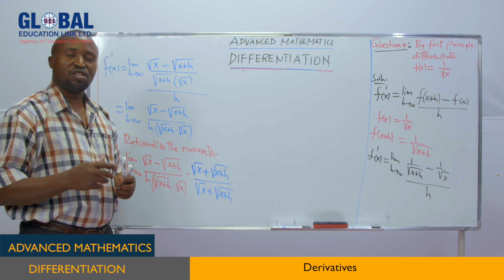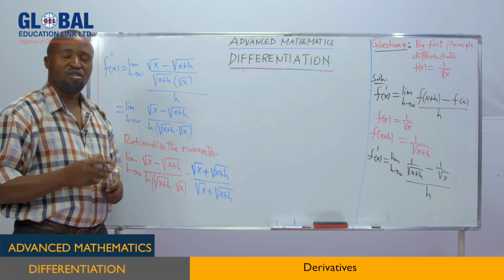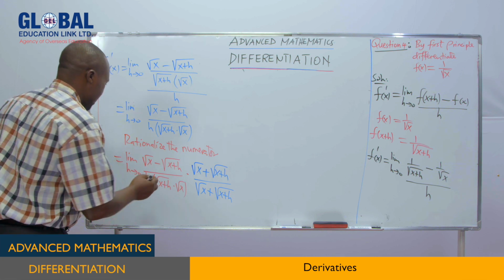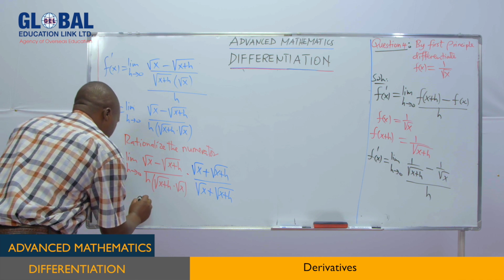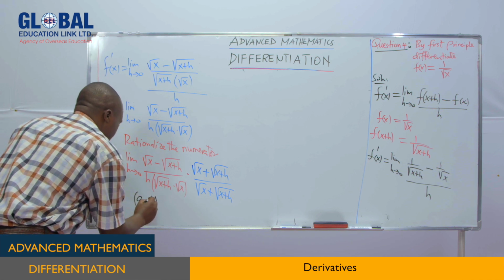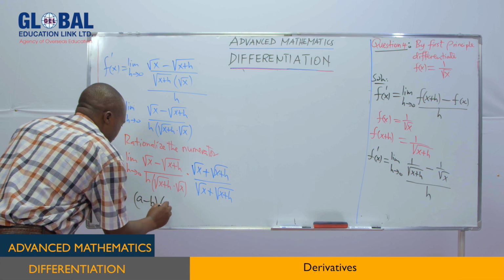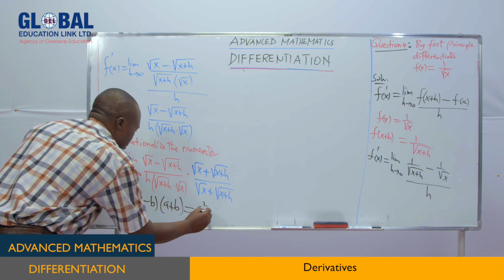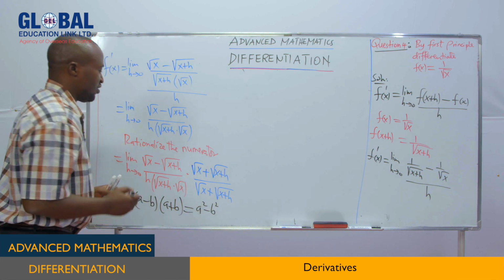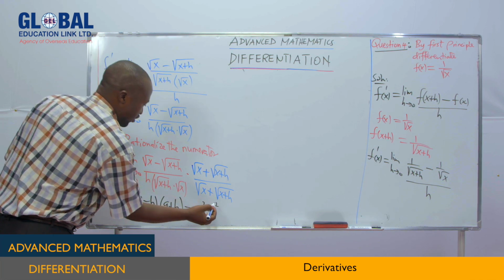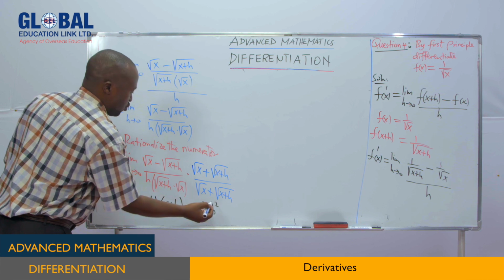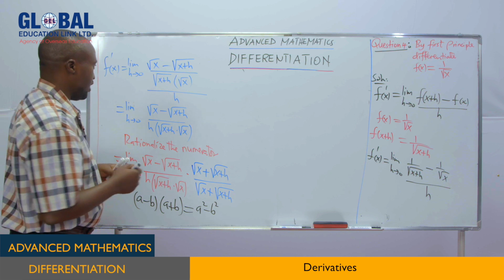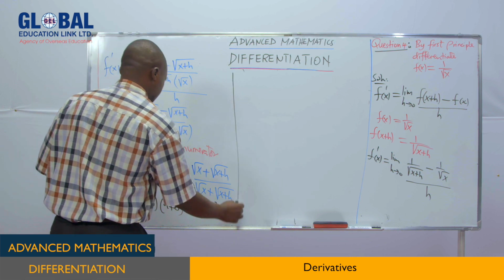So again, we have to recall the concept of difference of two squares. That is a minus b, again a plus b, is equal to a squared minus b squared. That is the concept of difference of two squares. So in this case, we have the following.